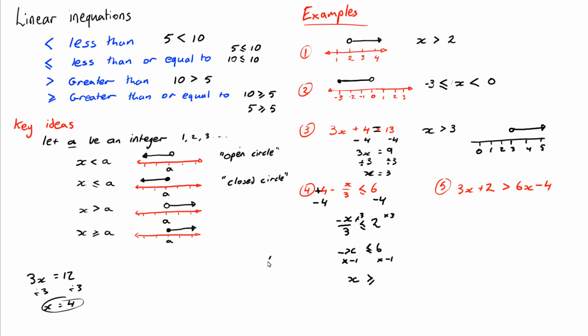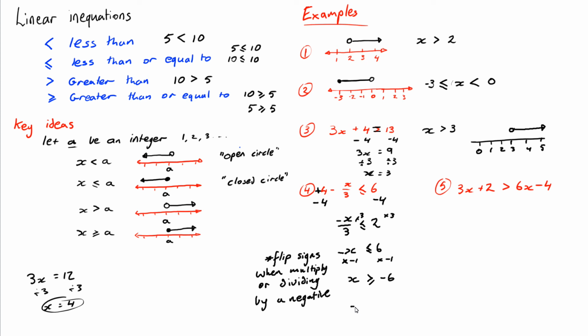So you flip the signs when multiplying or dividing by a negative. It started with a less than or equal to, I multiplied by -1, so I flip that sign. So now it becomes x greater than or equal to -6.